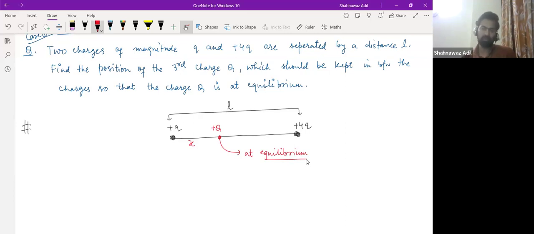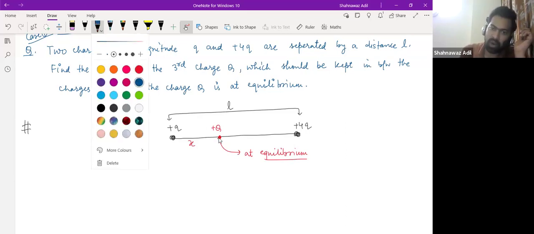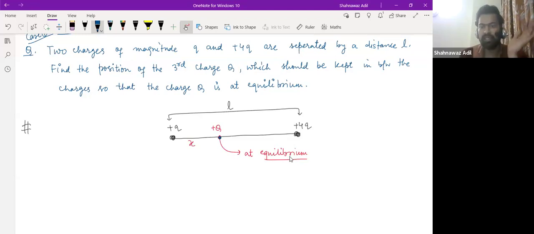So we talked about force, right? F net equal to 0. So if this point is at equilibrium, all the forces acting on it would be cancelling each other out, right? That is the idea.